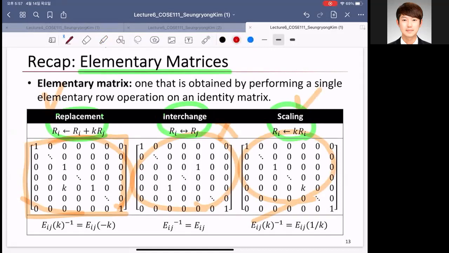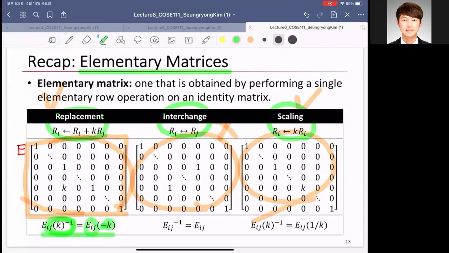Maybe we can represent this elementary matrix as a matrix E. One more thing is that we already know the inverse of matrix E. If it is a replacement elementary matrix, the inverse of E is equal to the elementary matrix with negative k.